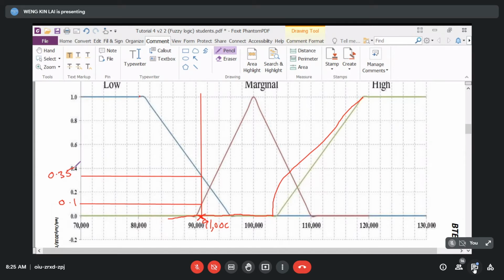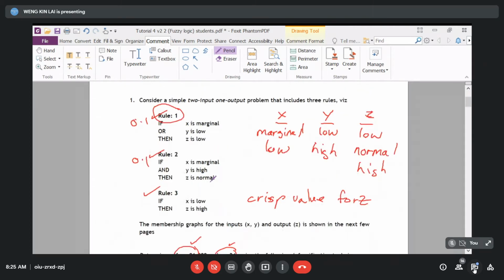So if you ever have such a question, please don't do it on the question paper. Try to do it on the graph paper. So we have 2 now. So 0.35. Now let's go back to X 0.35. Now X is low. Okay, so it's down here. So your 0.35.